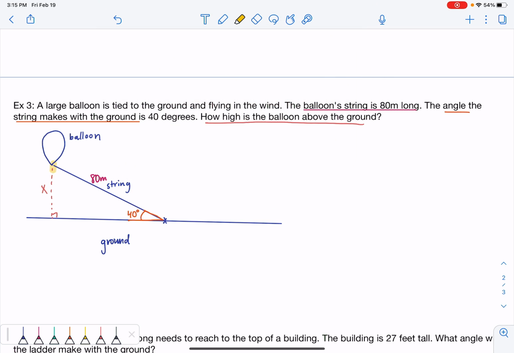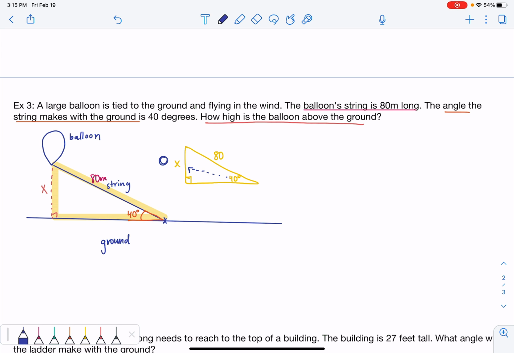Let's go yellow. Let's outline our right triangle and then draw it separately. X, 80, 40 degrees.